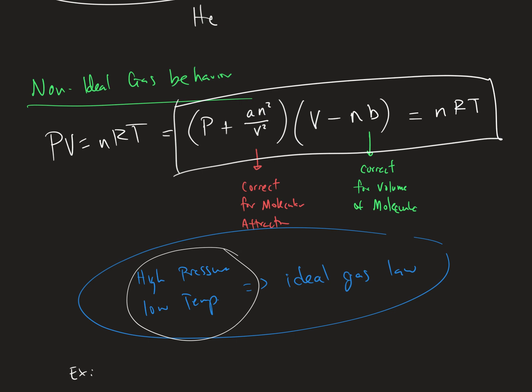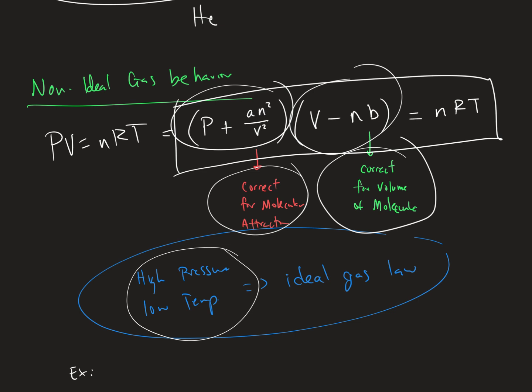Question: is this essentially just telling us that PV equals nRT? It does. This is our pressure, this is our volume, but it has a correction for molecular attraction at low pressures, because if they're low pressures, then they kind of have a little bit of an attraction. What is the significance of A and B?